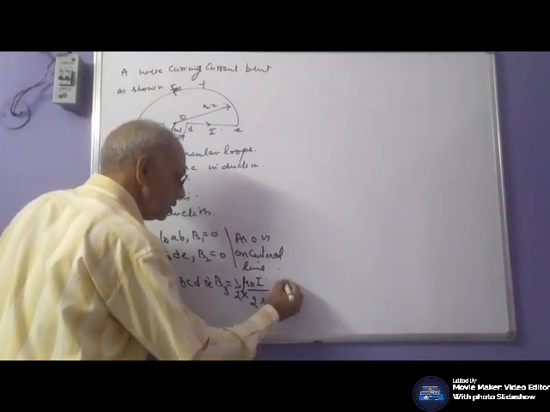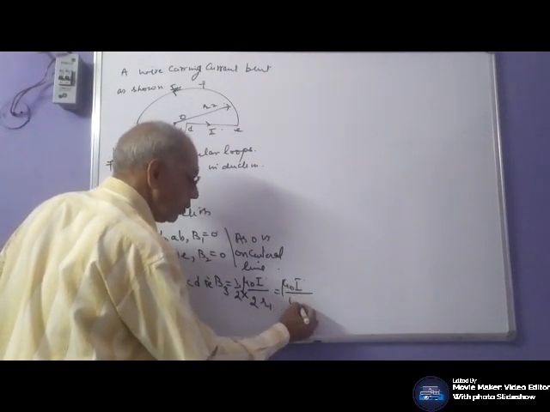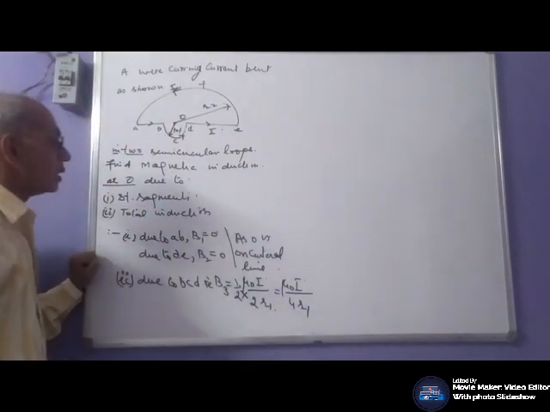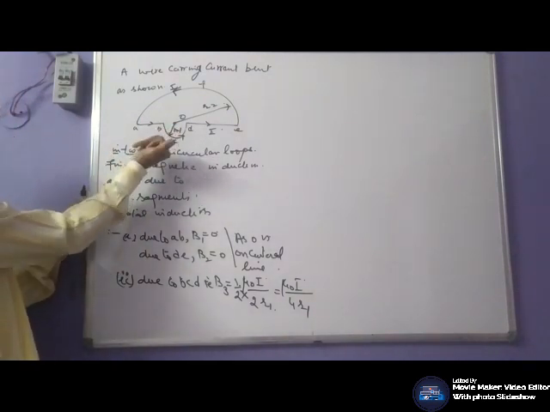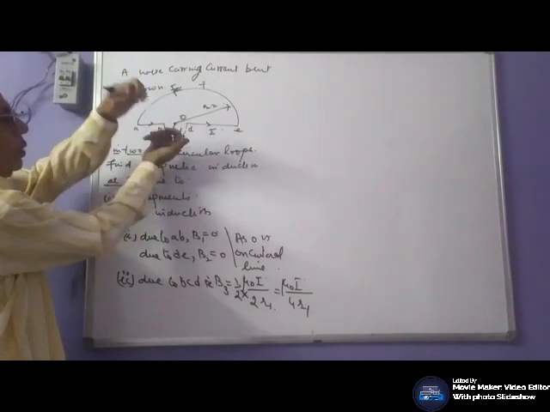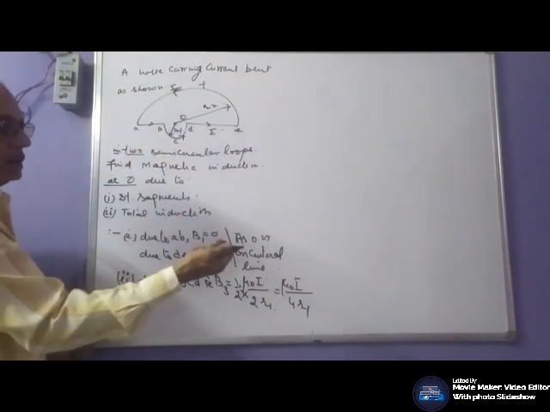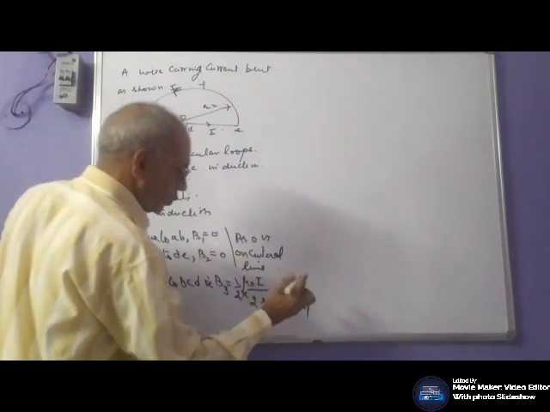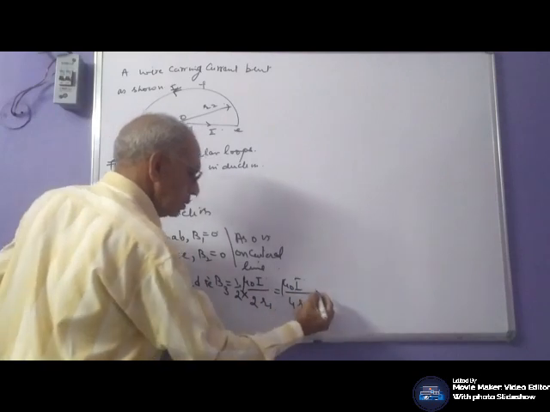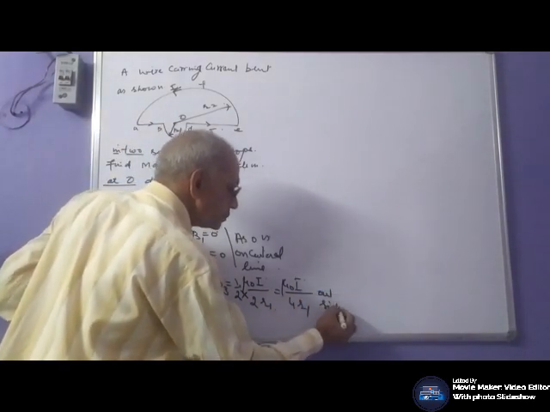That is B3 is mu naught I by 4R1. Direction: look, this is the direction of current at O, fingers out, right hand thumb rule, outside.